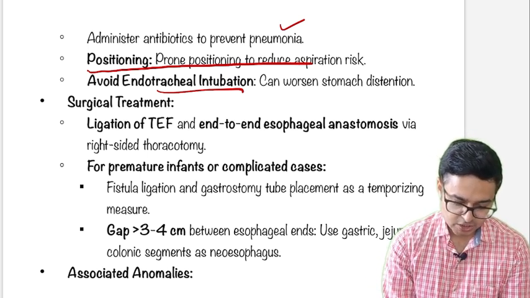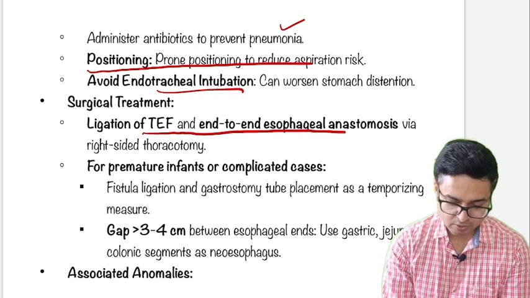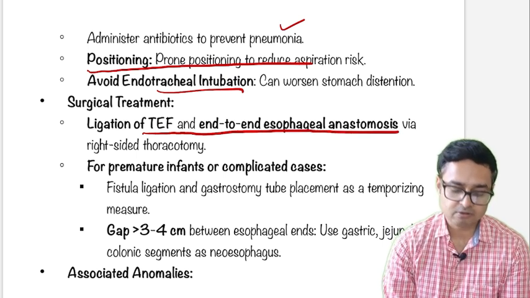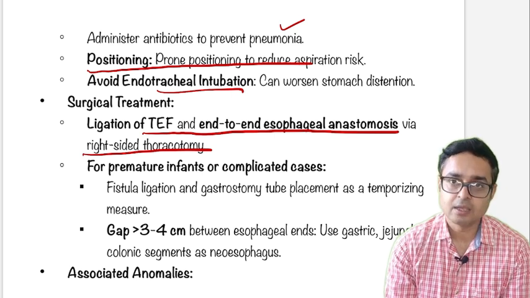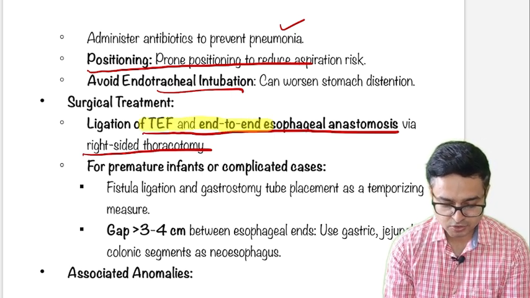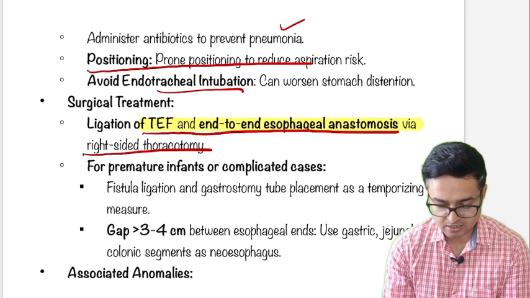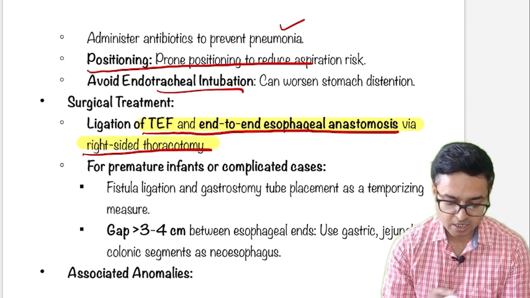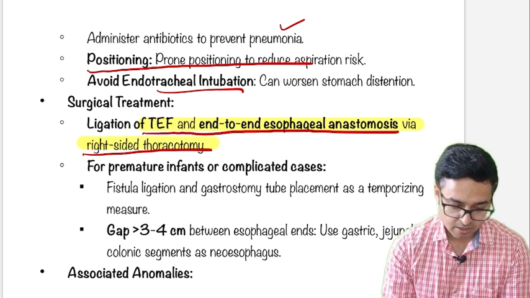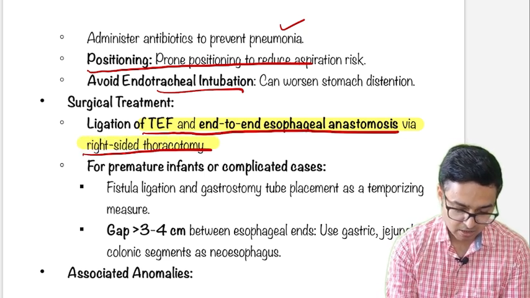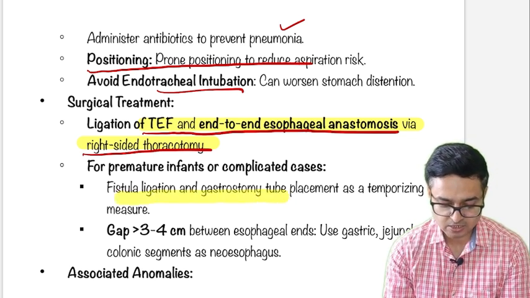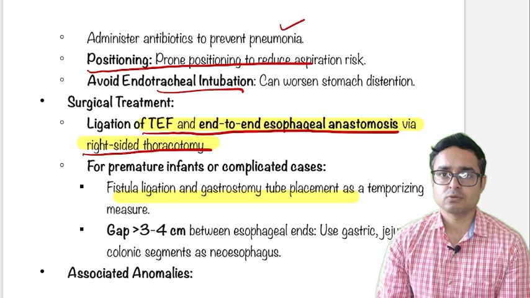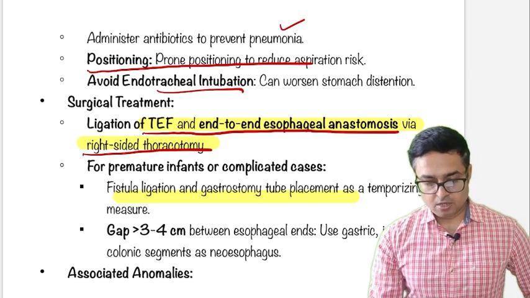Surgical treatment is ligation of tracheoesophageal fistula and end-to-end esophageal anastomosis via right-sided thoracotomy. This is the treatment of choice. In premature infants, we can do palliative procedures like fistula ligation and gastrostomy tube placement.